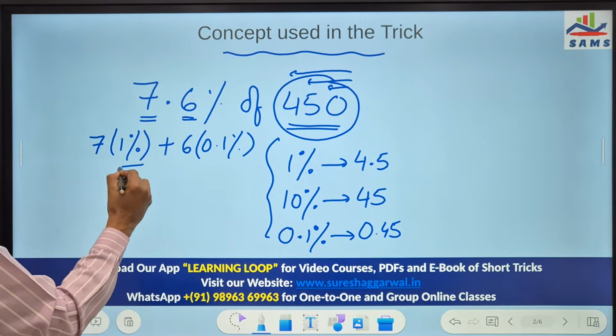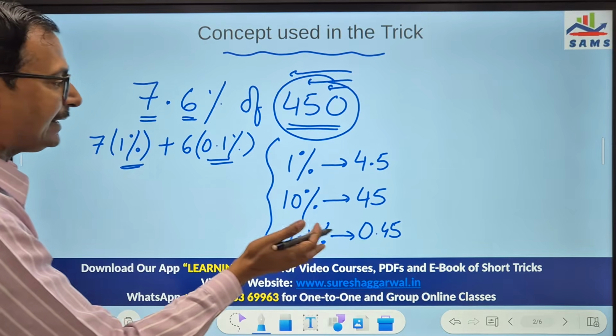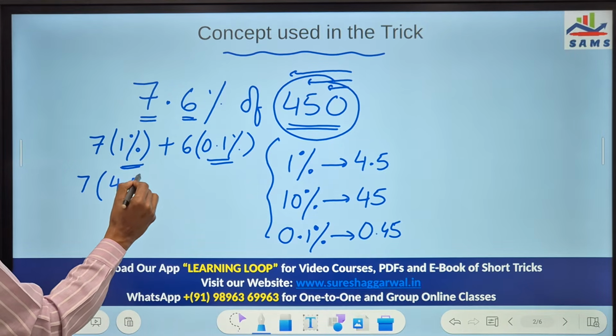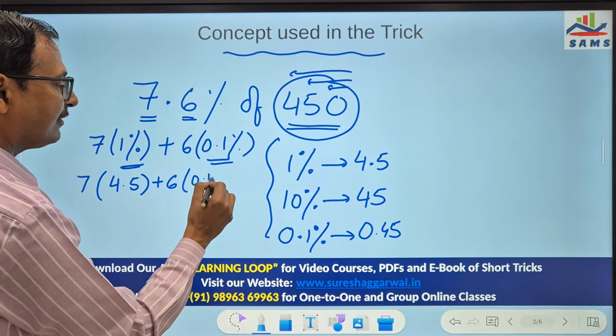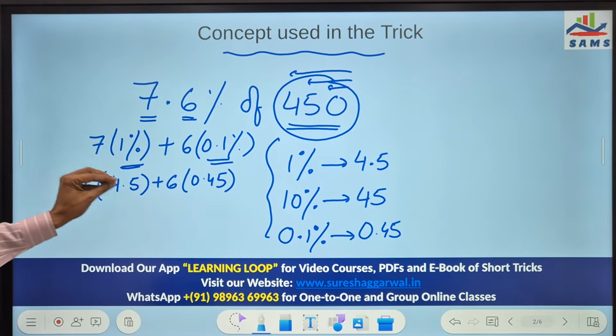Now we already know 1% and 0.1%. How do you calculate that mentally? So 7 times the 1% which is 4.5 plus 6 times the 0.1% which is 0.45 will actually give us our answer, and this is a single digit multiplication, so it is not going to bother you.